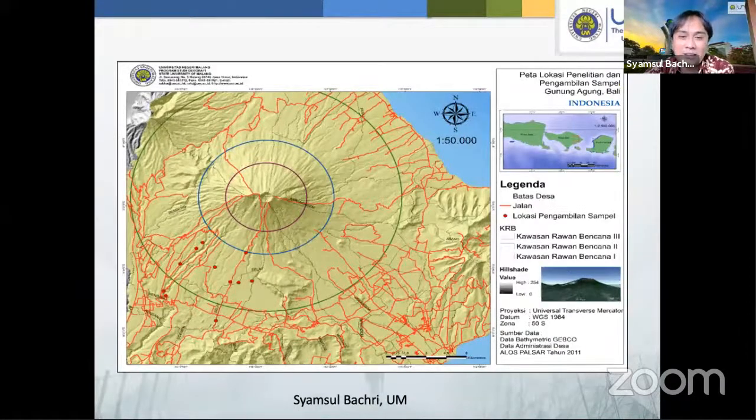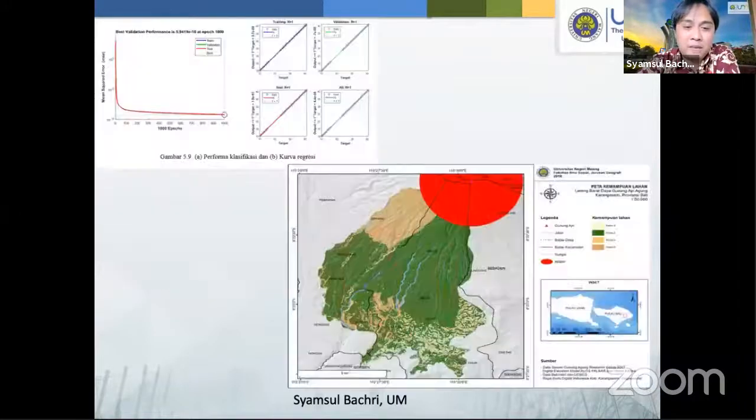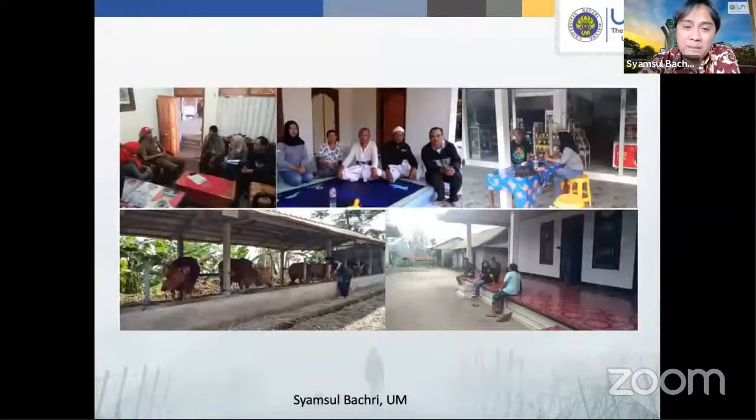This is the place where I did my field survey. Again, I did calculating and identified all the materials in the soil and also the eruption impact there at that time. And I made some analysis based on my data.